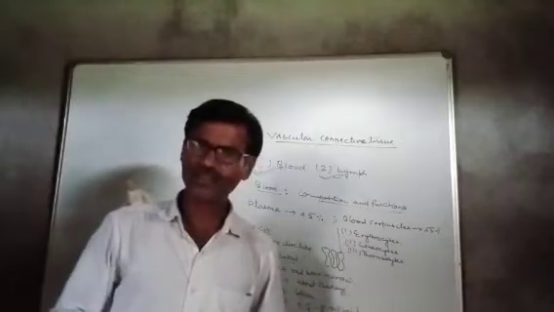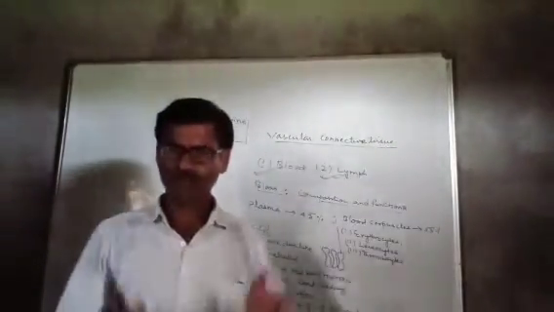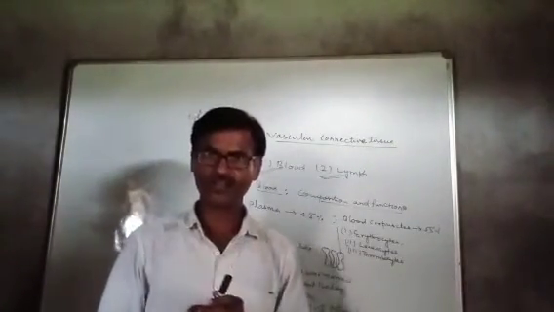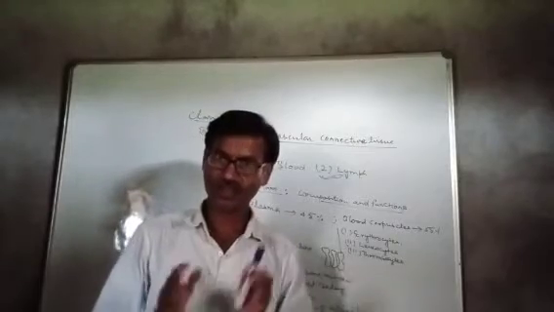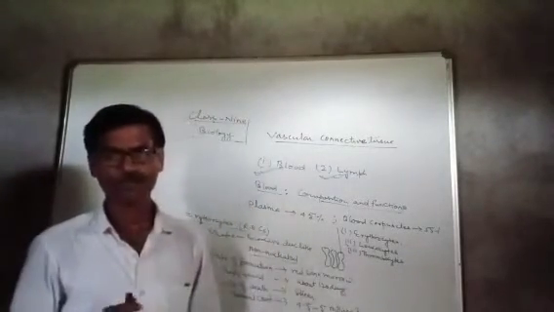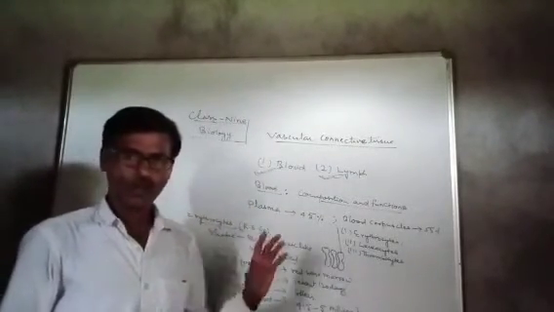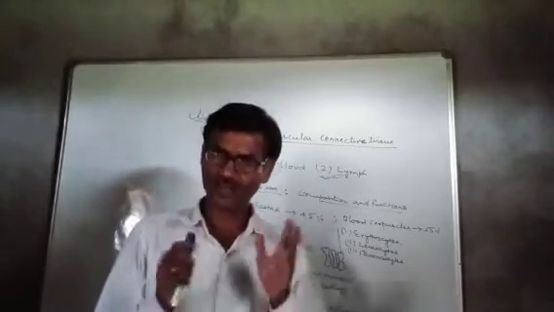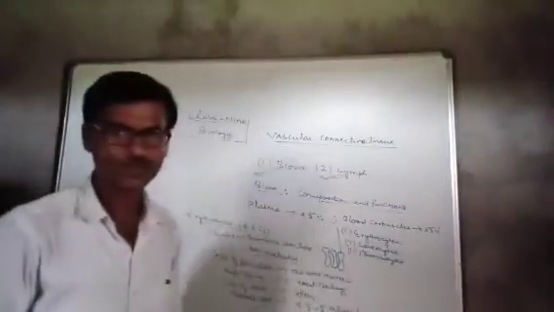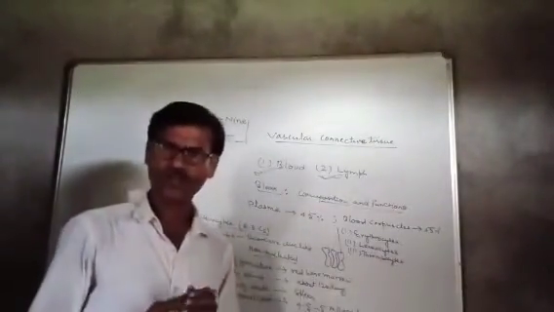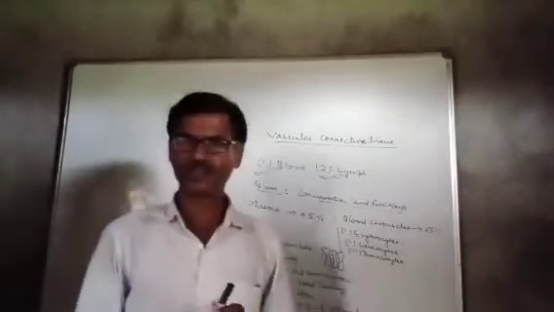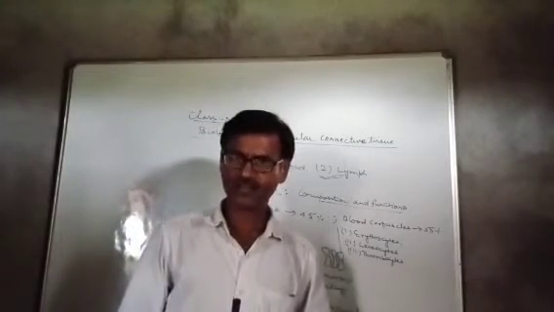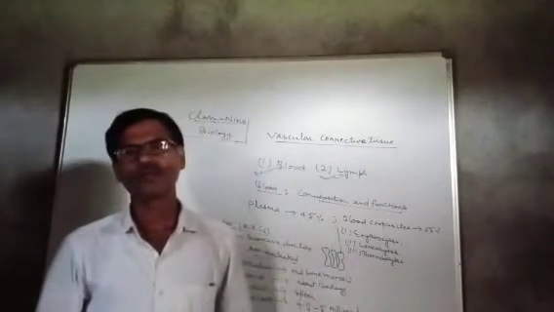In the last video I discussed the composition of blood in brief. Today we will discuss in detail the composition of blood. Blood consists of two main parts. The liquid part is called blood plasma.